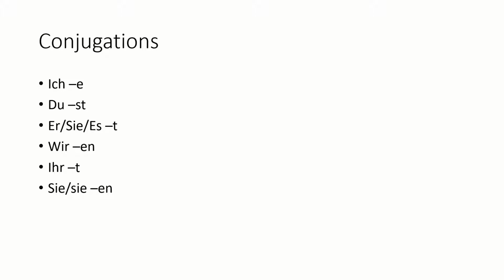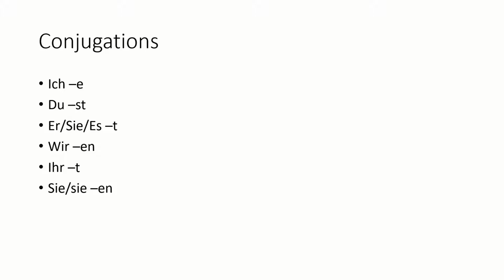So the conjugations for each personal pronoun: for ich, you add an e to the end of the stem. For du, you add an st to the end. For er, sie, and es, you add a t to the end. I'm just going to group those three personal pronouns together because they're always the same no matter what. For wir, you add an en to the stem.